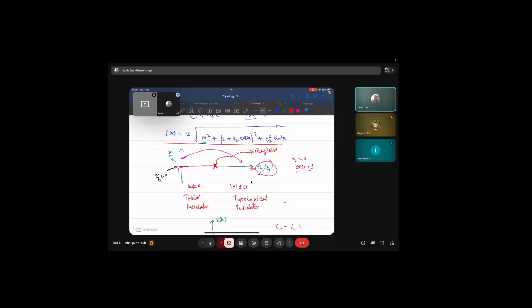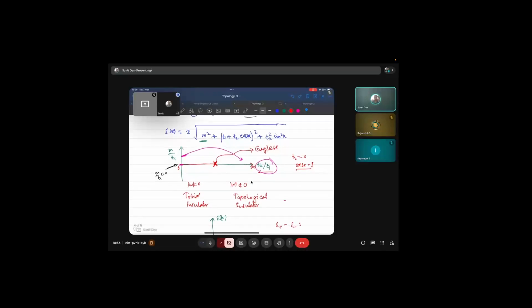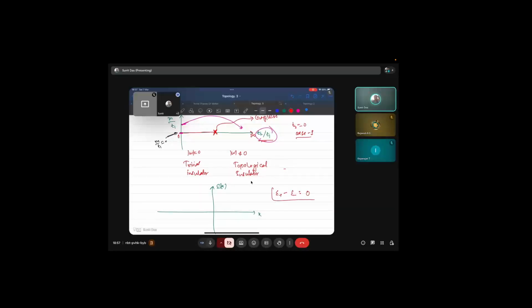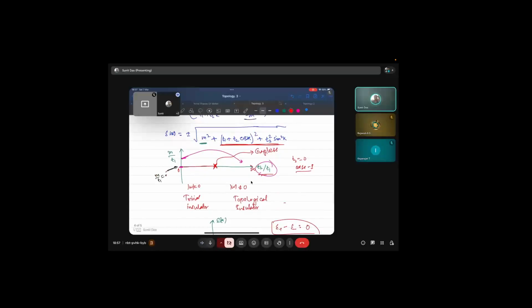Initially, what was happening is that at some particular value of lambda, in this case the ratio of T2 by T1, the gap was getting closed, right? Epsilon plus was going to epsilon minus.